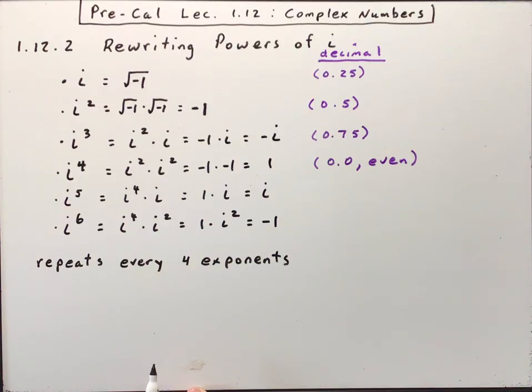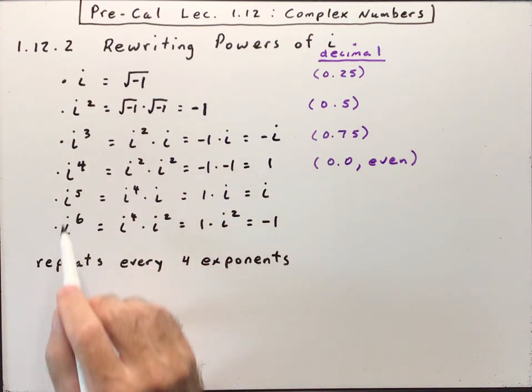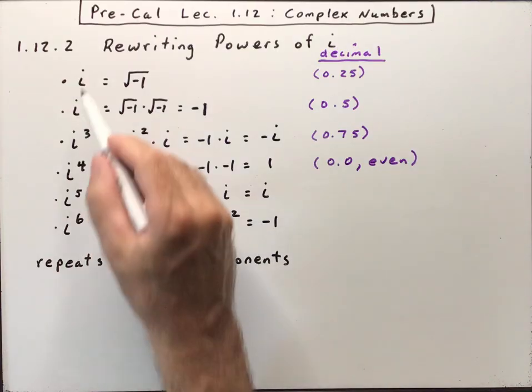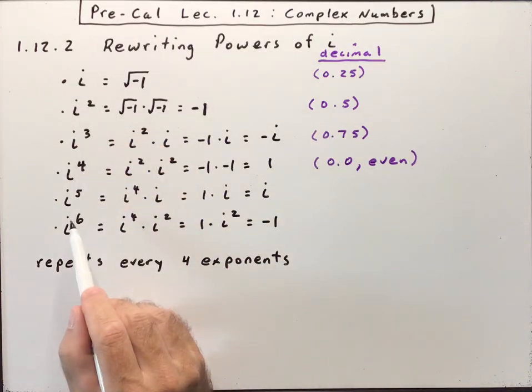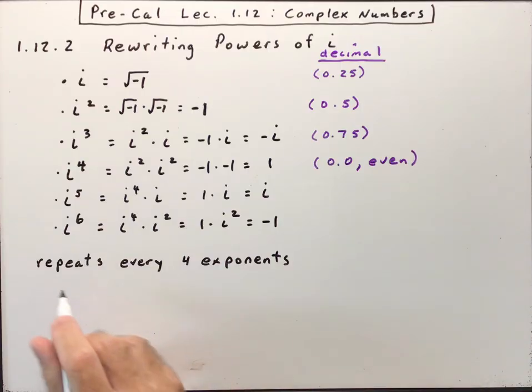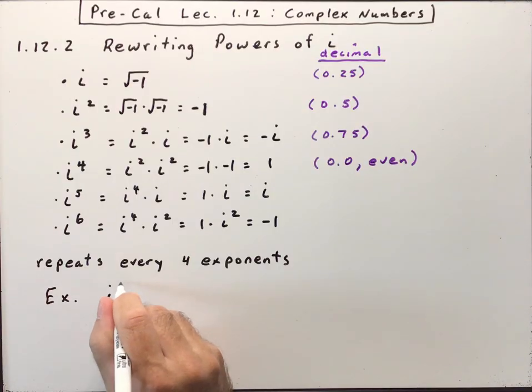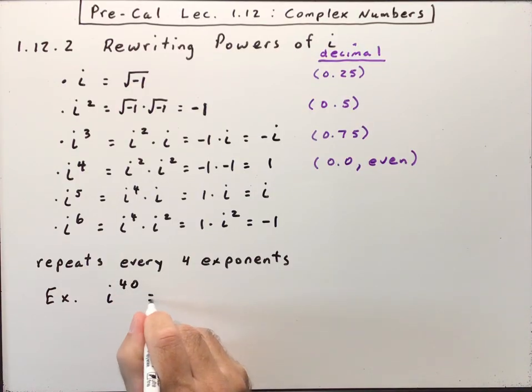Okay. So I'm going to show you how, if you're given i to a power, you can figure out with your calculator which one of these 4 it is. Okay, so let's do an example where we want to know what i to the 40th is equal to.